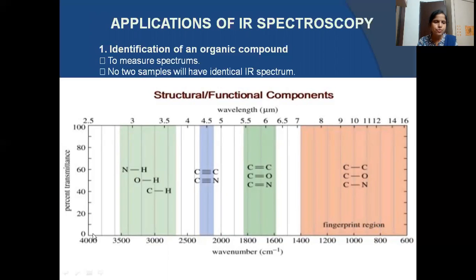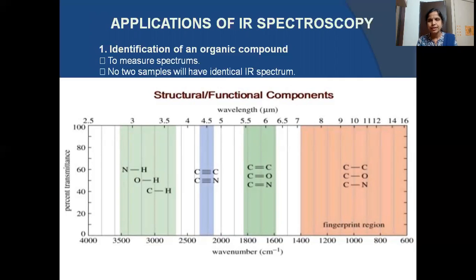Whereas the region from 4000 to 1400, or sometimes in some books it is written as 1500, is considered the functional group region, because the peaks or bands we observe between 4000 to 1500 centimeter inverse are because of functional group vibrations.